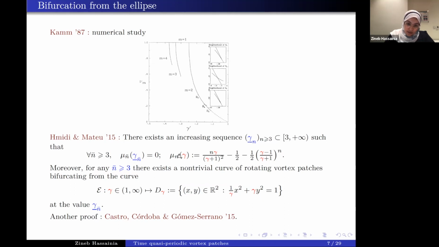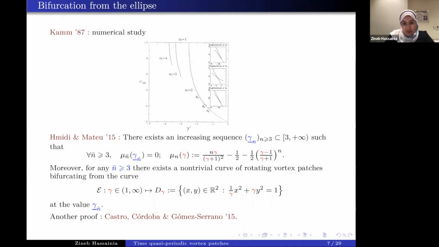This was analytically confirmed by Hamidi and Matteo, where they proved that at some values of the aspect ratio, those values solve a nonlinear equation in gamma. We have branches of solution bifurcating from the curve of the ellipse.